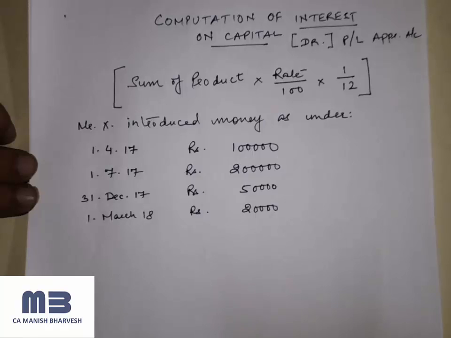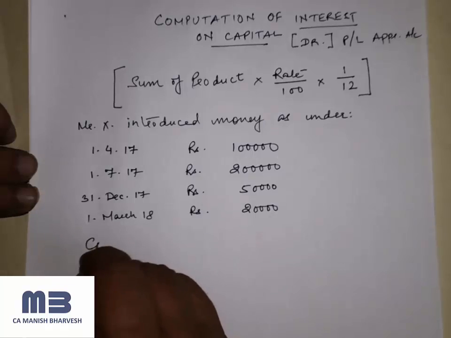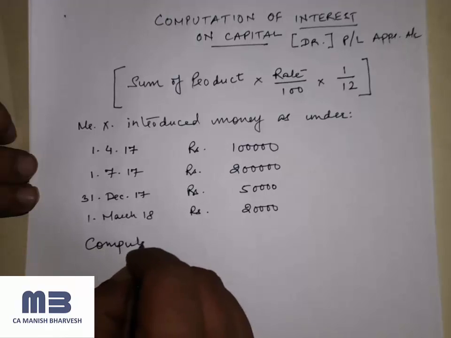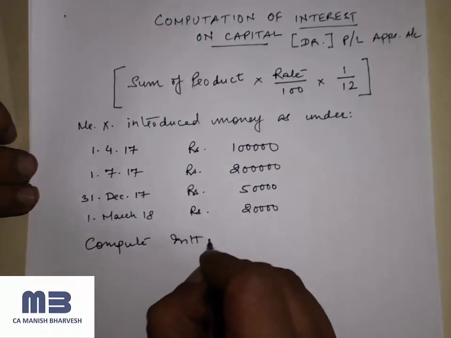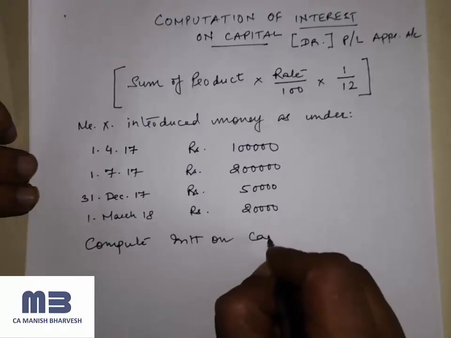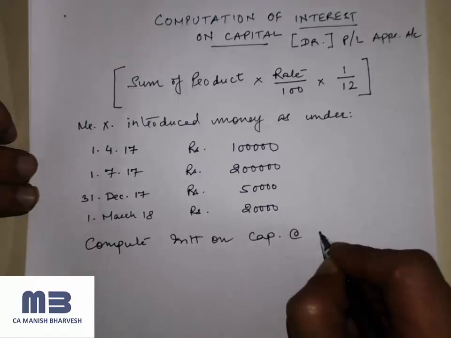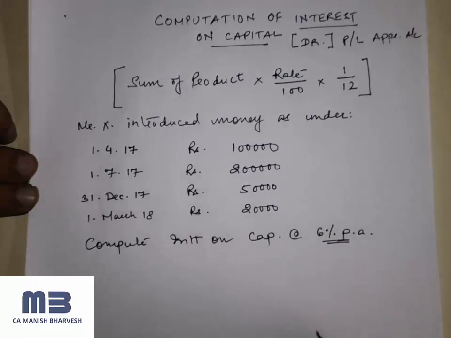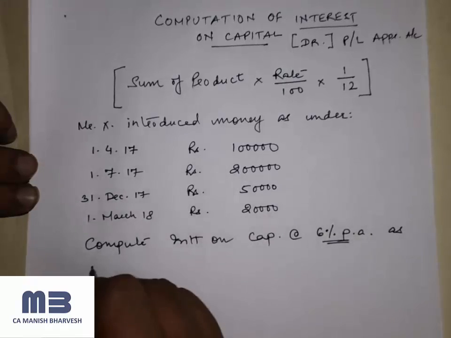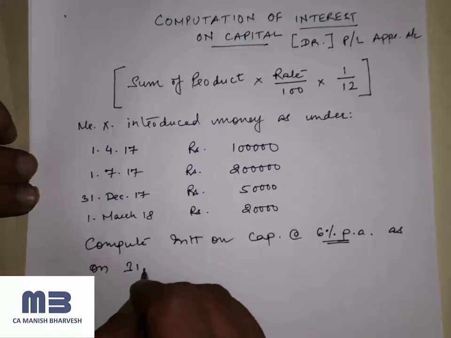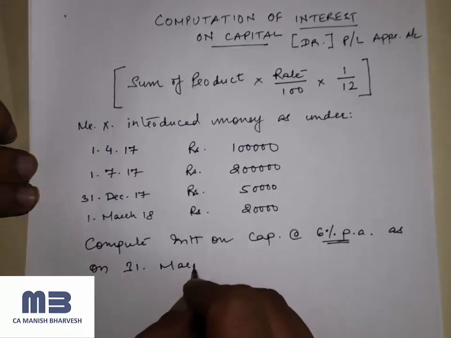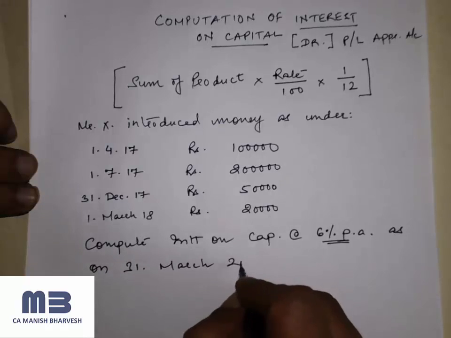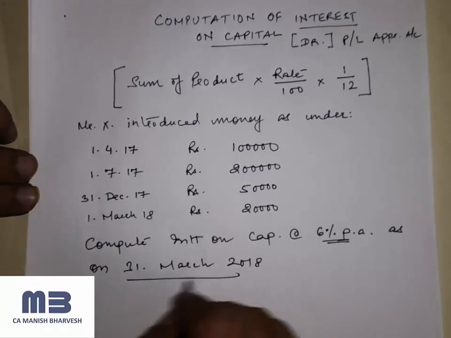So now what we have to do, compute interest on capital at the rate of 6% per annum as per our deed as on 31st March 2018.